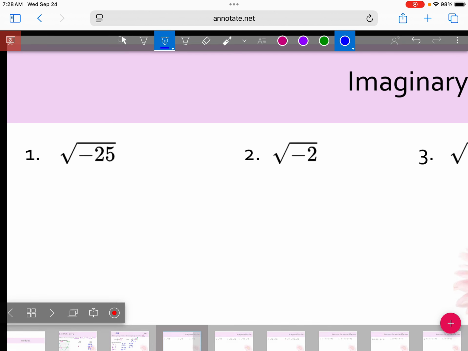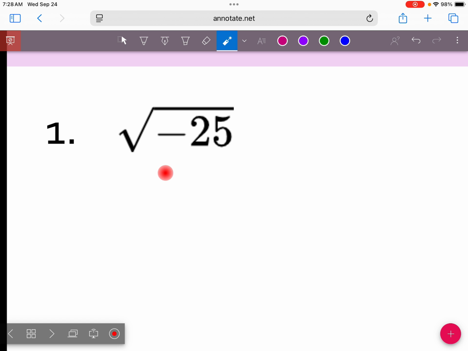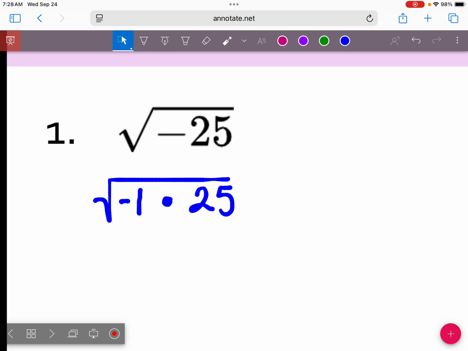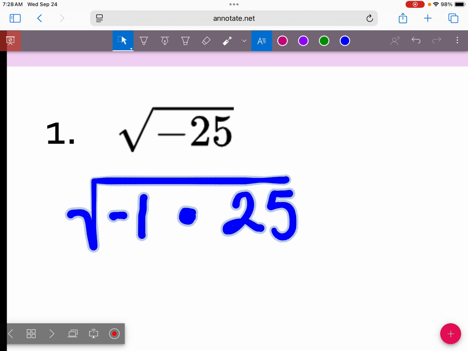So what we're going to do when we're simplifying these radicals is we're going to break them apart into pieces. I'm going to make this -25 rewritten as -1 times 25. Oh, I'm writing very small. There we go.